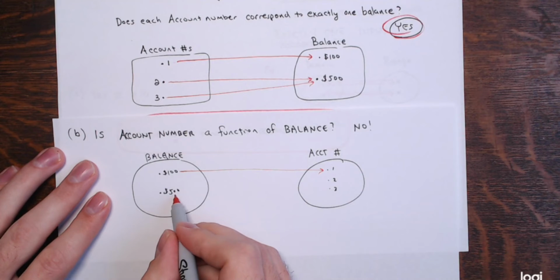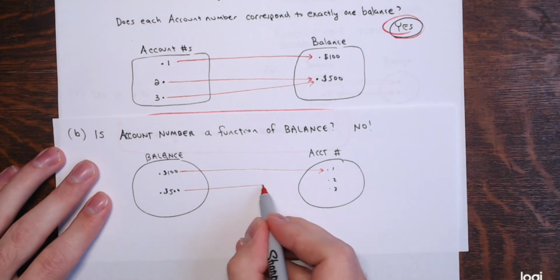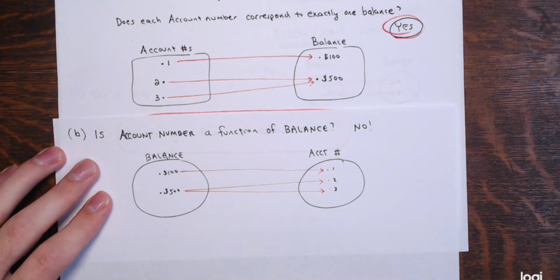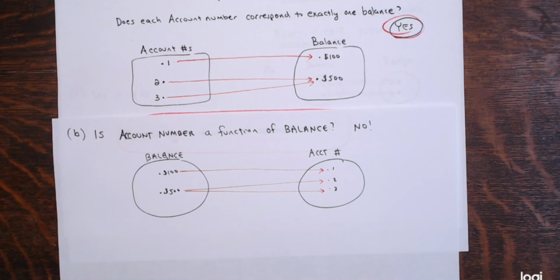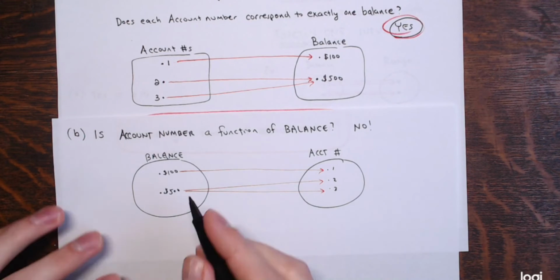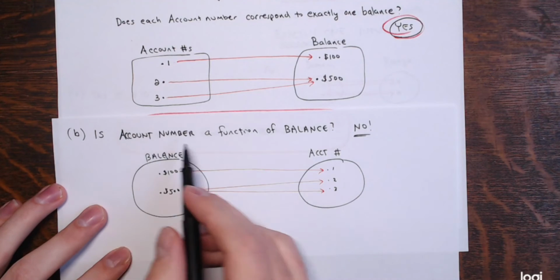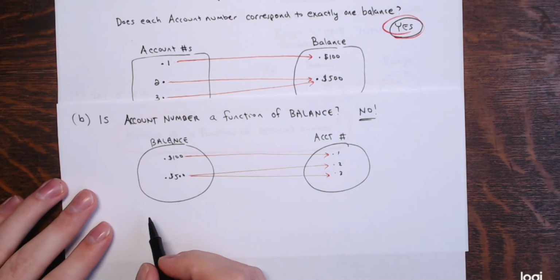And then the 500, there were two $500 balances, right? Account 2 had a $500 balance, and account 3 had a $500 balance. That can happen, right? Multiple accounts can have the same amount of money in them. So, not a function. Account number is not a function of balance.